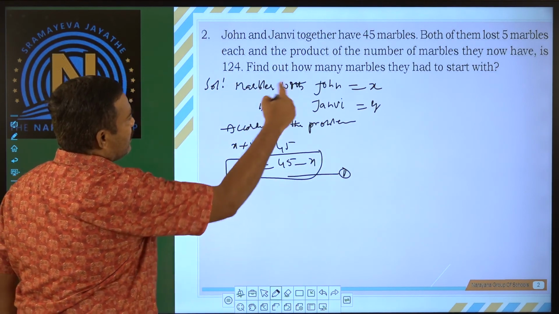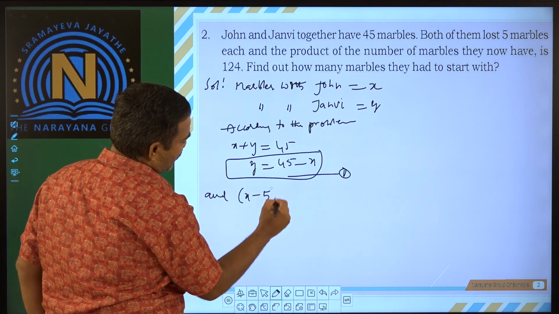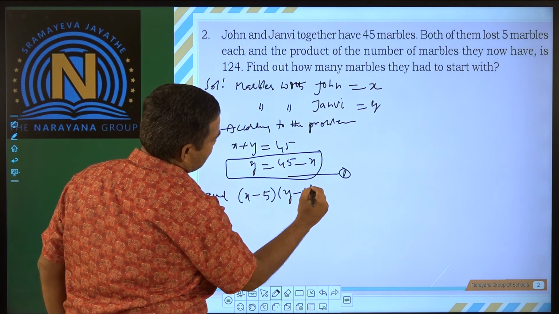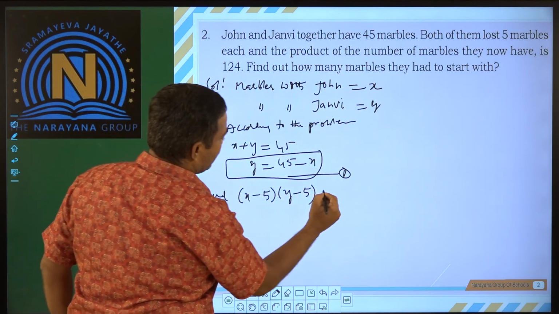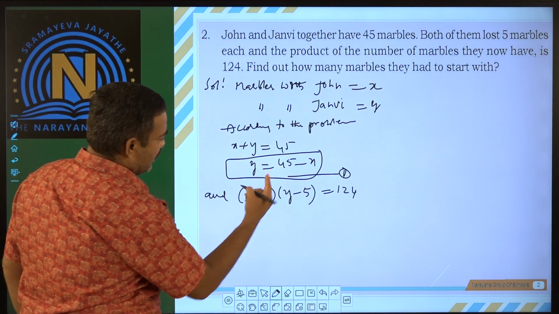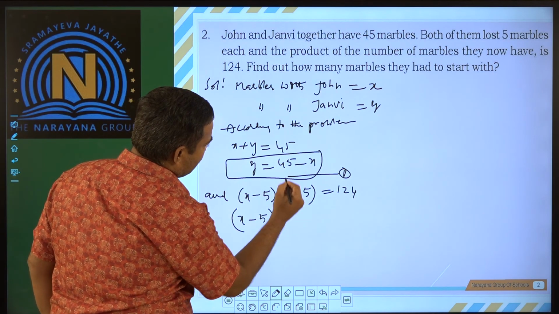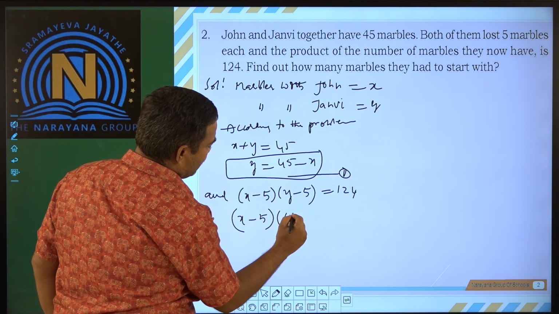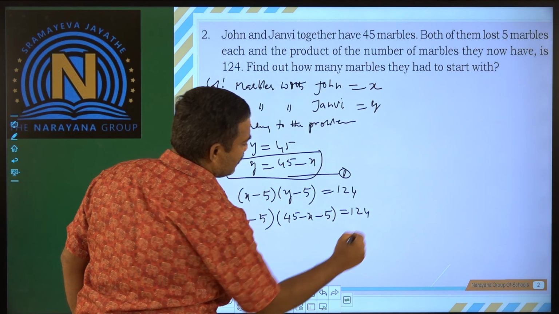According to that, x minus 5 into y minus 5, the product is given as 124. Now here x minus 5 into y, from equation 1, 45 minus x minus 5 is equal to 124.